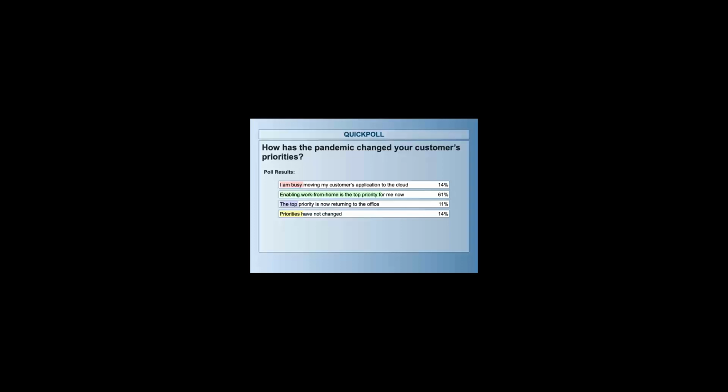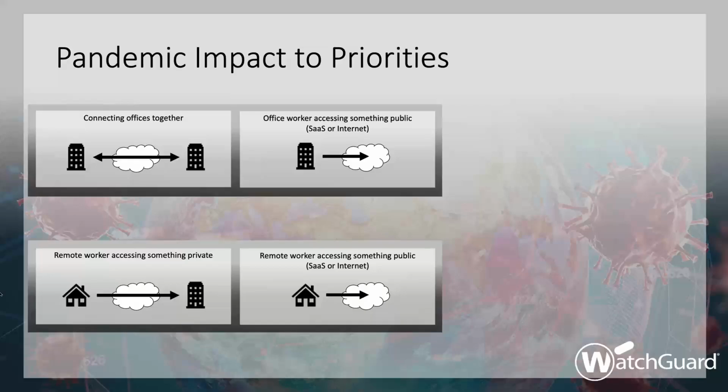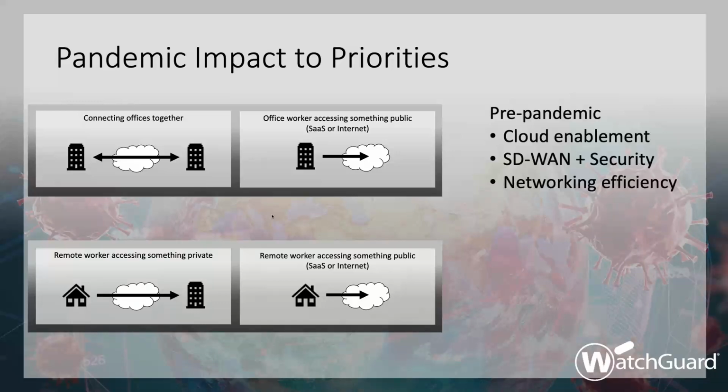And so when we look at these 4 scenarios, I've broken them down into 2 sections, thinking about what priorities look like. Pre-pandemic, it was about cloud enablement. We saw a lot of planning of moving applications to the cloud. This idea of SD-WAN, how do I connect sites together, was top of mind. And especially how do I inject security into my SD-WAN strategy so that I have good, efficient networking but I also want security.